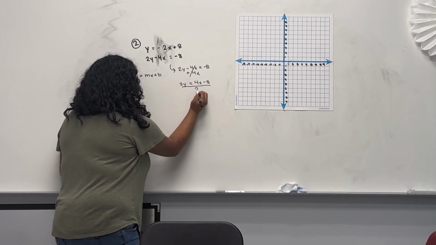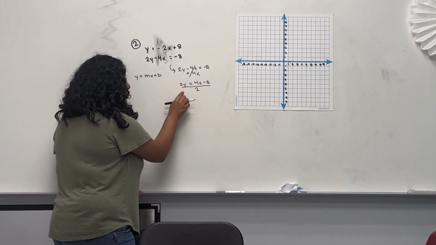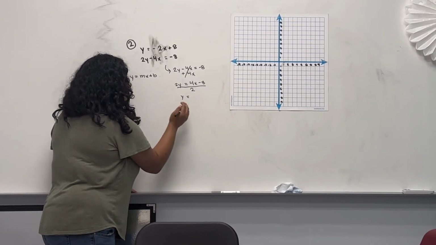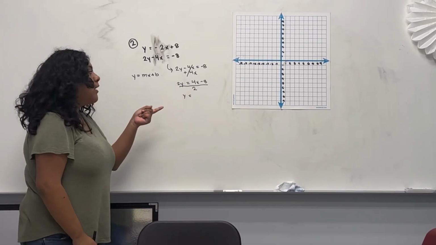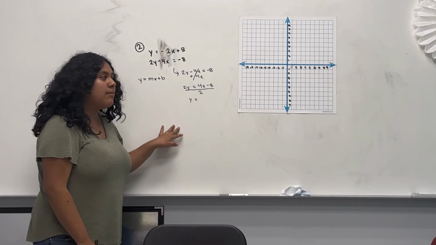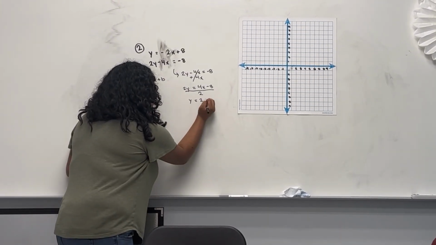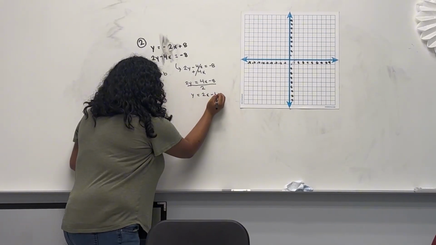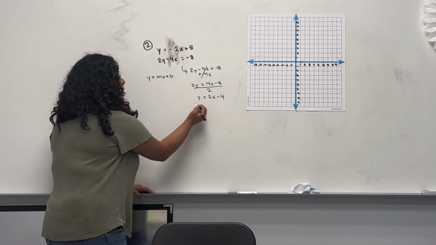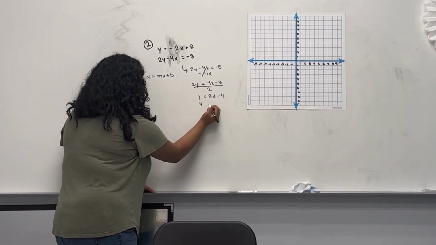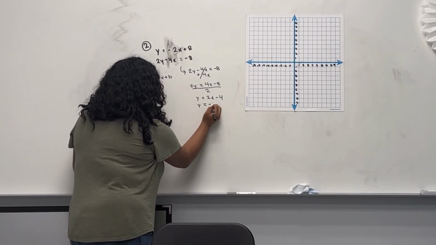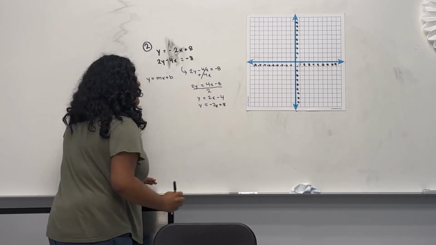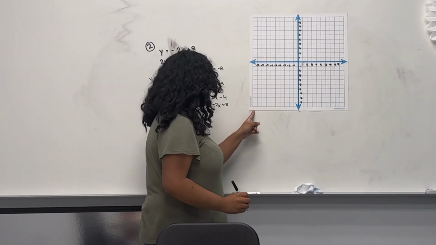In this case it's 2, so divide everything by 2. 2y divided by 2 would be y itself, then 4 divided by 2 would be 2x, and then negative 8 divided by 2 would be negative 4. So now we have both our equations in the y equals mx plus b form, so I'm just going to write this down again. Negative 2x plus 8.